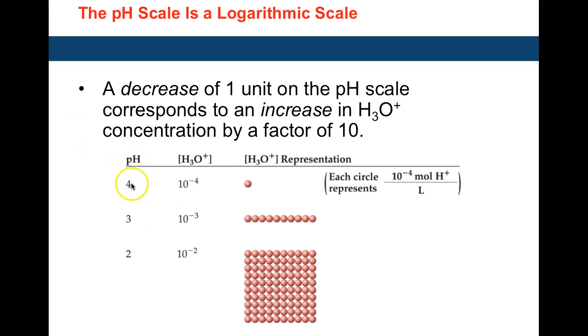So a pH drop of 1 unit means the H3O+ concentration increases by a factor of 10. A pH drop of 2 units means 10 times 10, an increase by a factor of 100. So from 4 to 3, a 1 unit drop, H3O+ increases by a factor of 10. A 2 unit drop, H3O+ increases by a factor of 100.